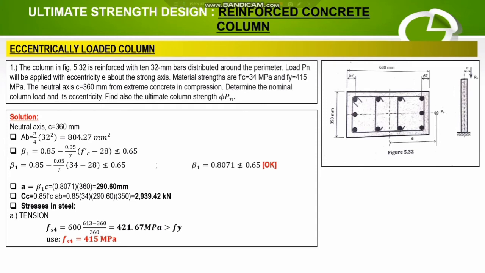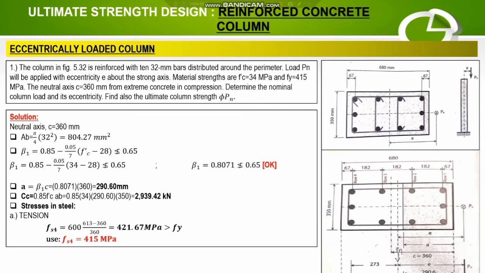Material strengths are Fc prime equals 34 megapascals and Fy equals 415 megapascals. The neutral axis c is equal to 360 mm from the extreme concrete in compression. Determine the nominal column load and its eccentricity. Find also the ultimate column strength phi Pn.